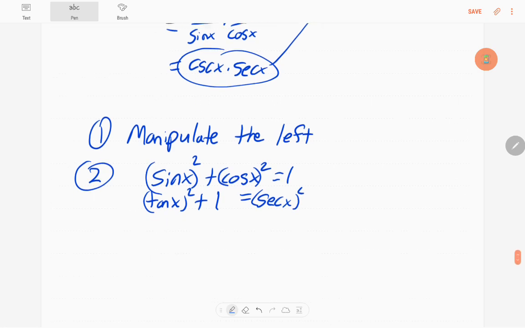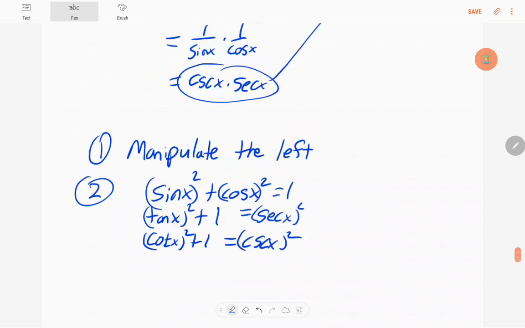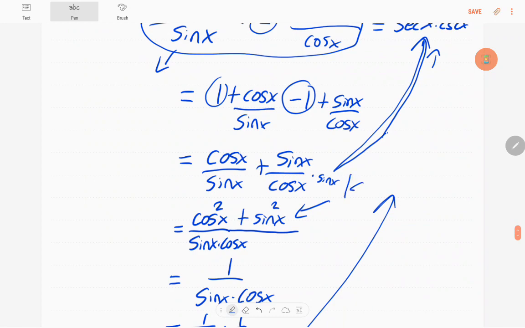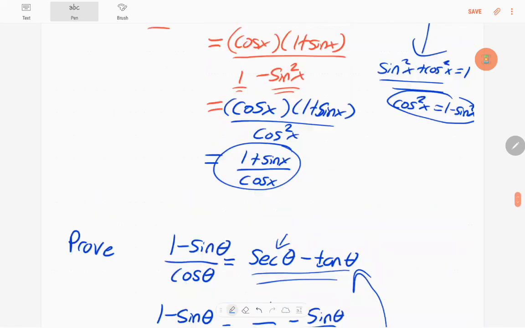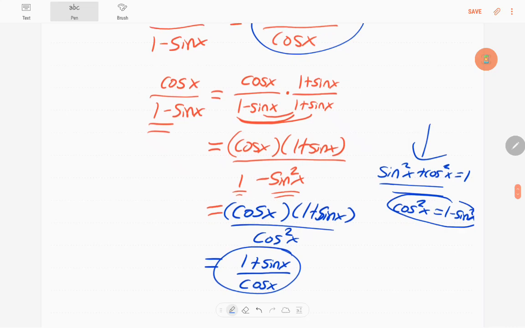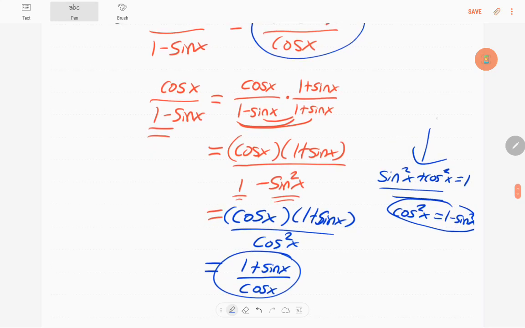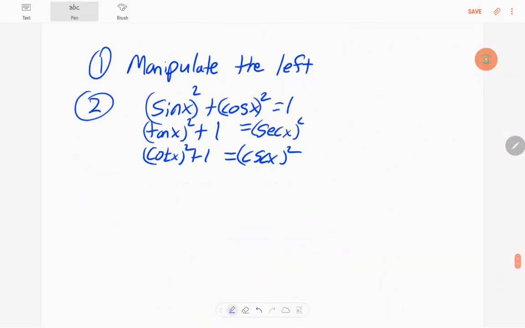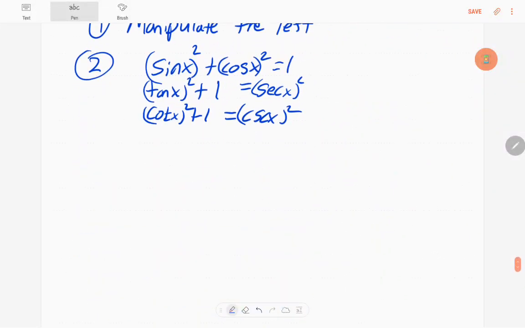And finally you have the other one. These can be used to help you simplify. Remember, in the examples I did with you, I only used the first one. For example, here I used the first trig identity, and I think I used it again right here. So just know that you may need to use those trig identities to help you simplify it down.